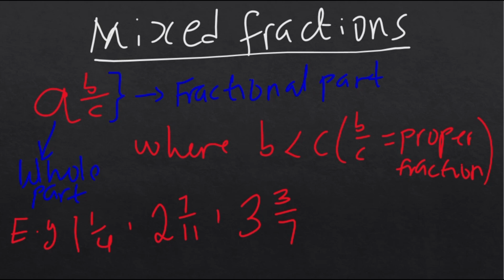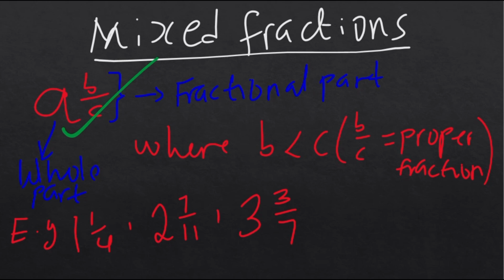So this is the summary of mixed fractions, and it's defined this way. You have a whole number and a fractional part attached to it. And this is how it looks, where B is less than C, or in other words, B over C is a proper fraction.